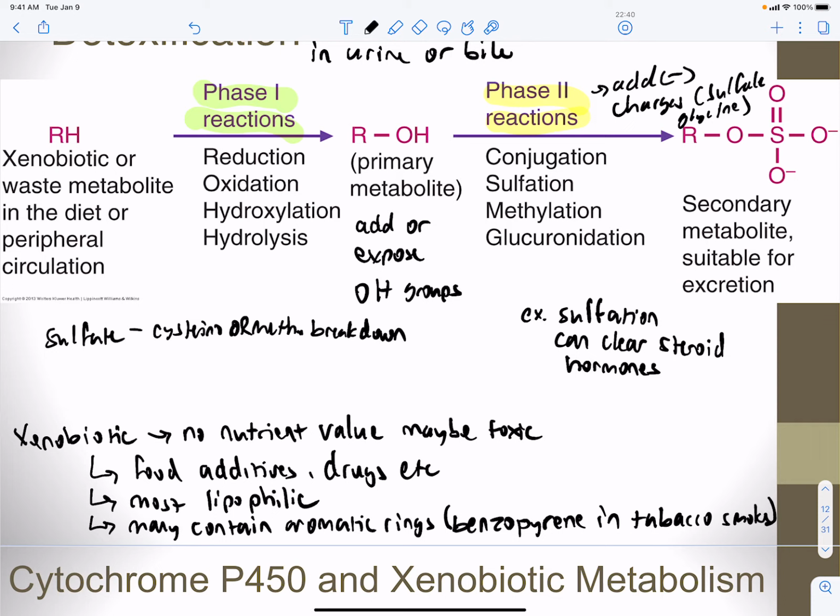Or they can contain a heterocyclic ring, and those are in nicotine, for example, pyridoxine, and we can't degrade or recycle these components. And so the xenobiotics will again be reduced and then add negative charges, and then they will eventually get excreted.